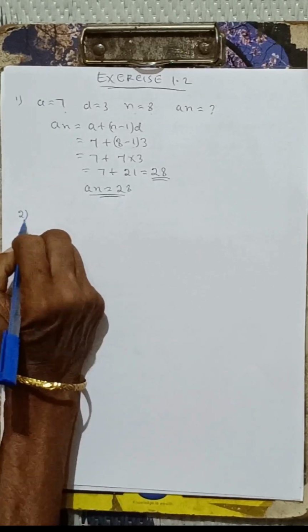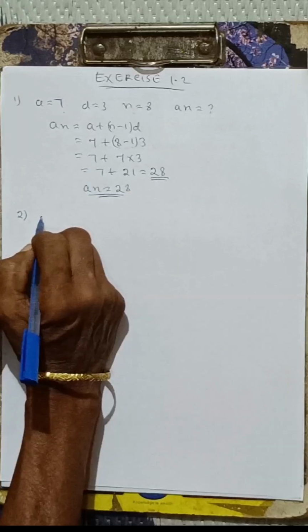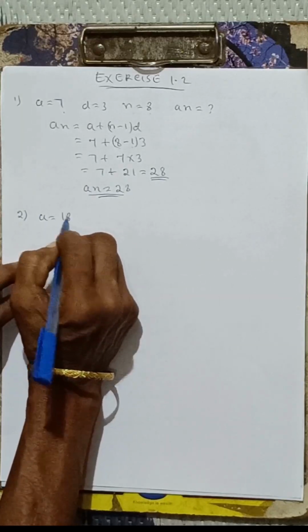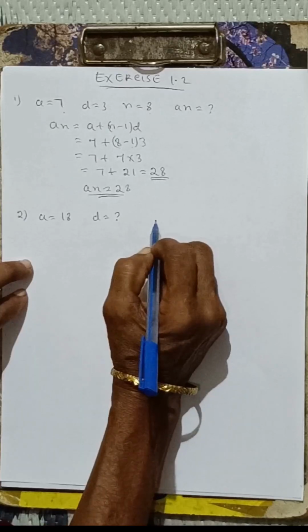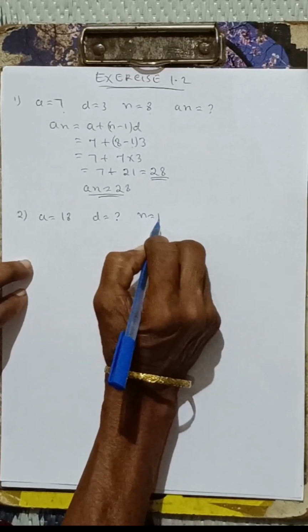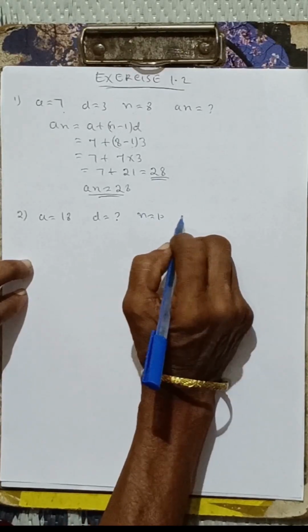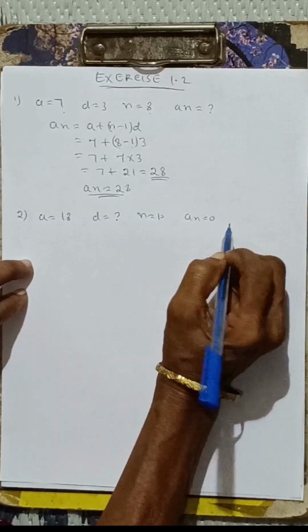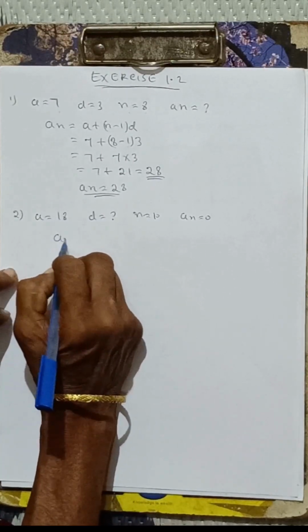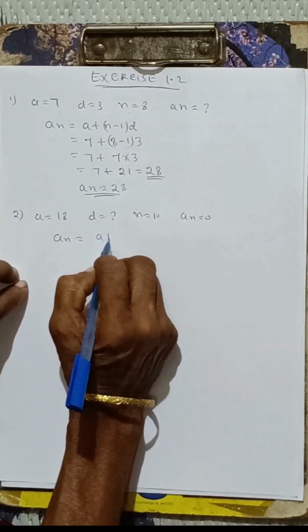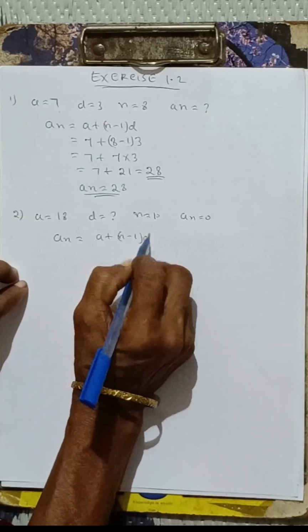Second question. Here a is 18, d is not given, n is 10 and an is 0. Again we use the same formula, an equal to a plus (n minus 1) into d.